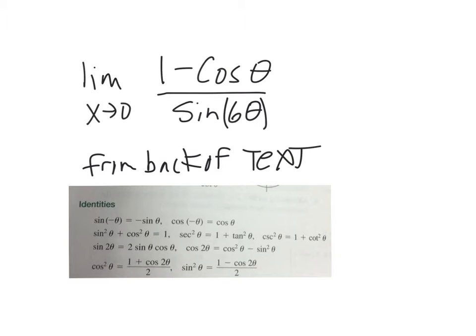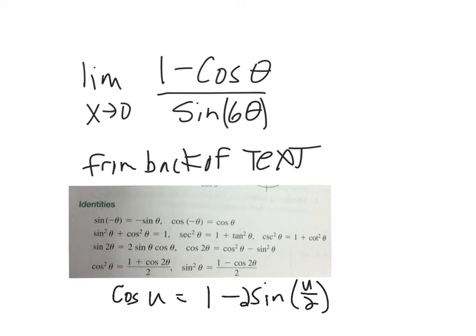And what they say in the walk-me-through is they have this magic substitution. Then we know that cosine u equals 1 minus sine squared of u over 2, I believe is what they substitute in.